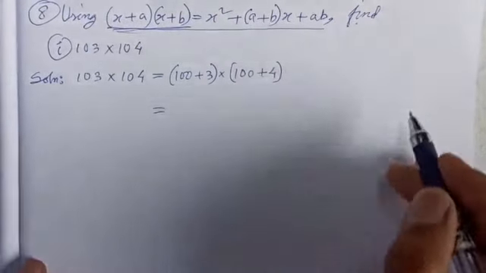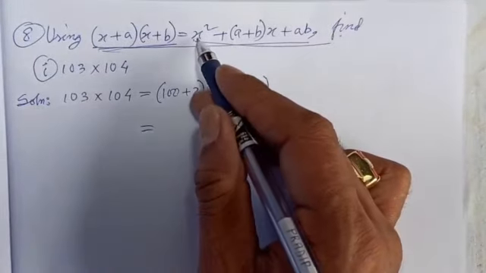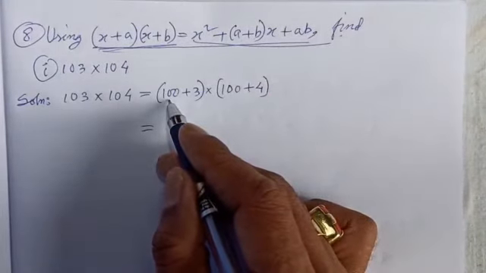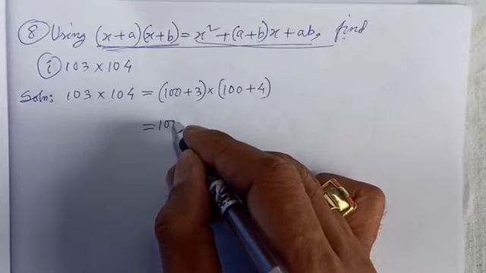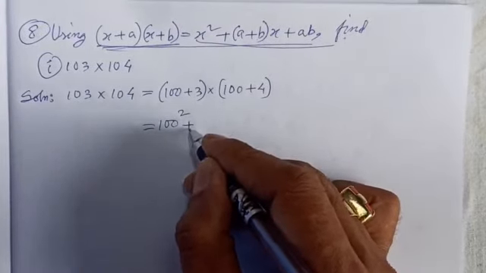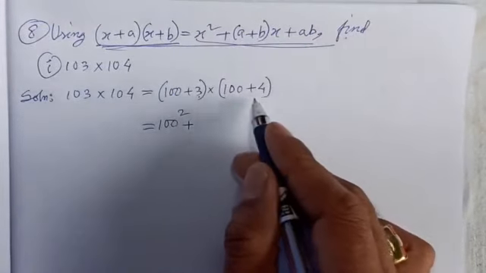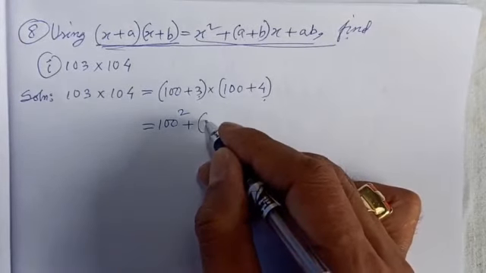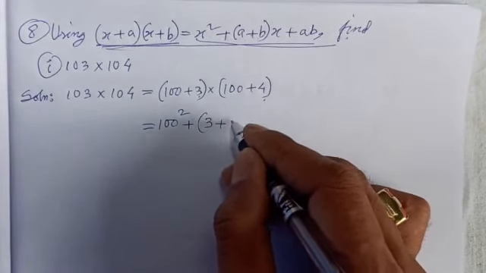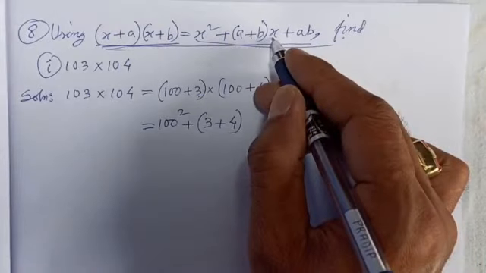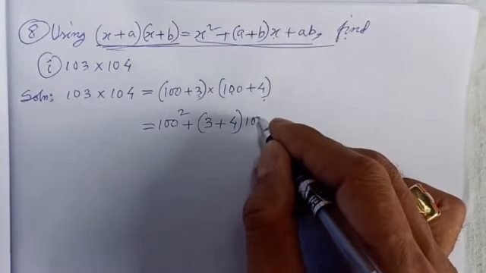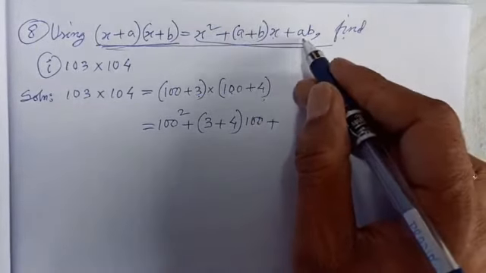Then next, we have to use this identity. Here is x square, so here x is 100. So 100 square plus, this is ab, this is a, this is b. So a is 3, b is 4. Next is x, x is 100 plus ab means 3 into 4.